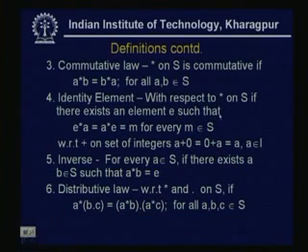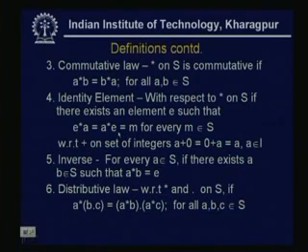Again we are taking that same operator star on S. Now, if there exists an element E such that E star A equals A star E, that means the operator is taking two operands, E first and then one element A, and A first and then the same element E, and the results are the same, equal to the same M for every A belongs to S. That means the result is again one element in the same set S. Then we are calling that with respect to the operator star, E is the identity element of the set S.